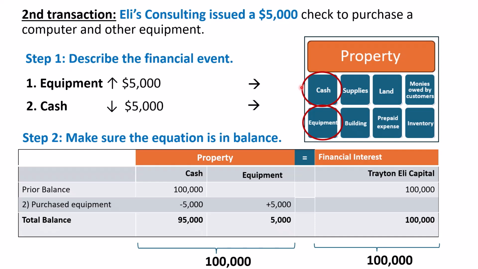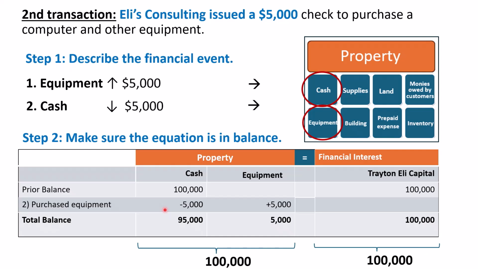To record this transaction and to keep things organized, we'll add another category on the property side for equipment and record the second transaction. We write plus $5,000 in the equipment column to show that we now have more equipment, and write minus $5,000 in the cash column to show that we now have less cash.